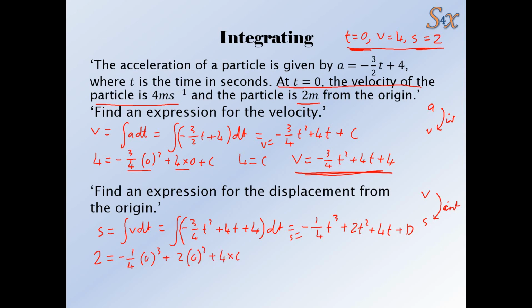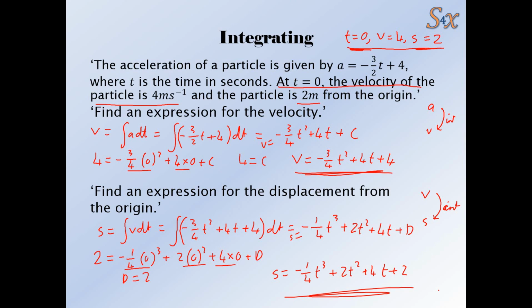It's 4 times 0 plus d. And you can see from all that, I just get d equals 2, because all of these terms are just 0. So now I know d is 2, I can write out the full expression. I get s is minus 1/4 t cubed plus 2t squared plus 4t plus 2. And there it is, there's the final answer for the displacement.